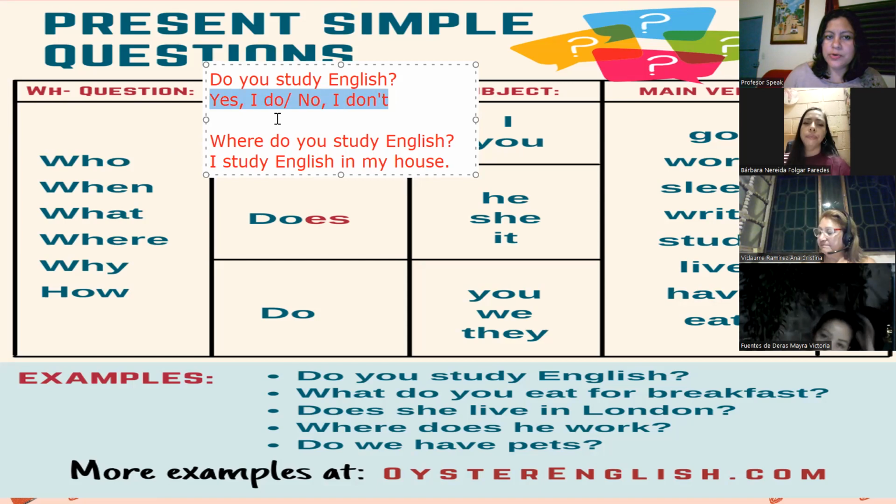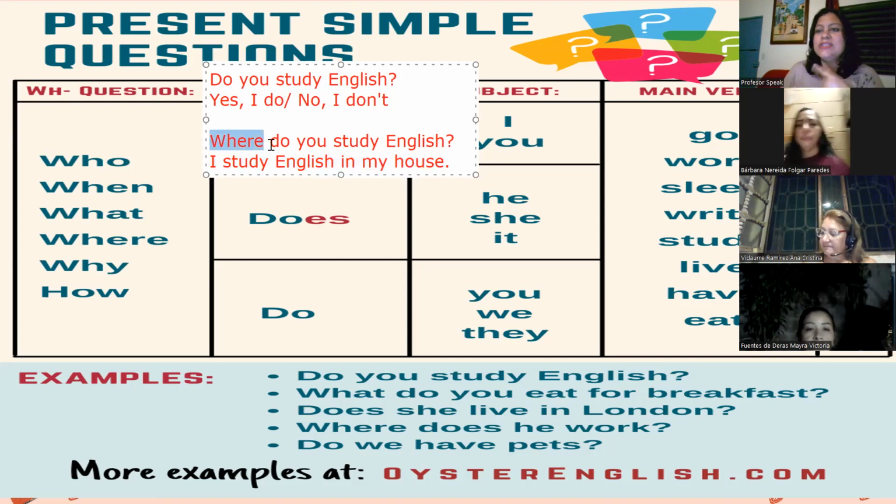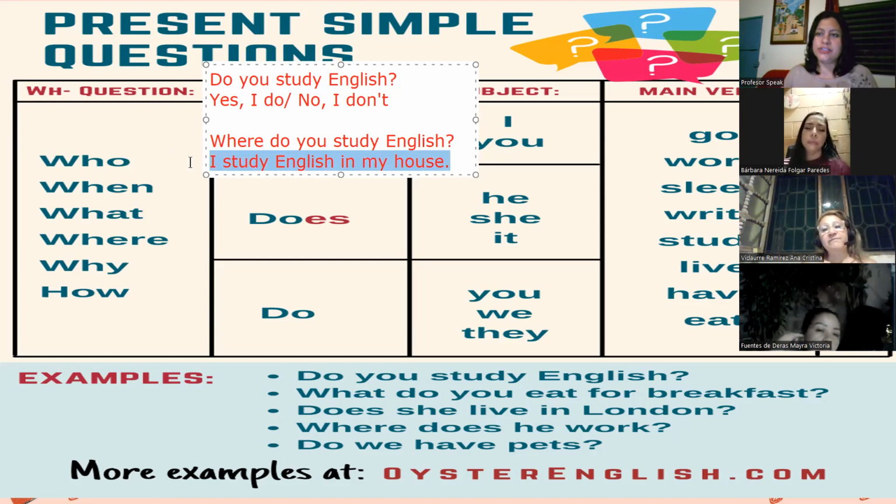Yes, I do, no, I don't. And here, I provided a complete answer. At the moment that I change from do to where, the answer is going to change and the answer will be a complete answer, okay?